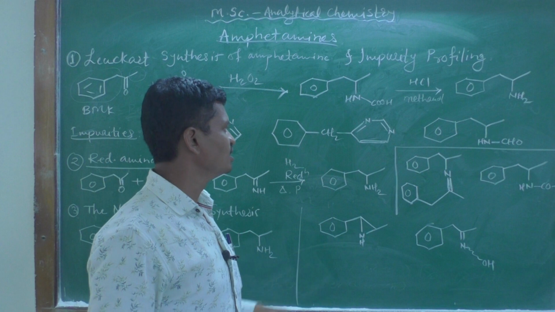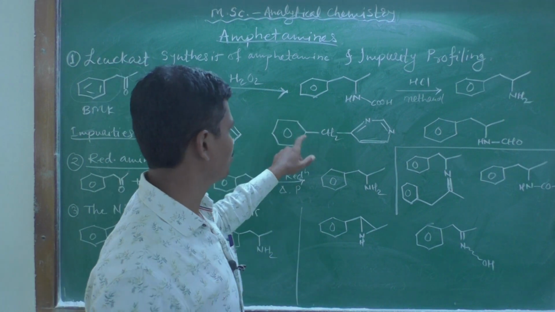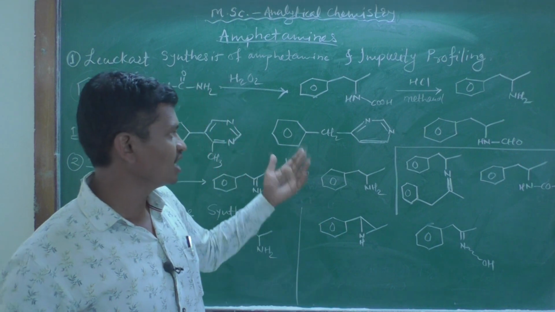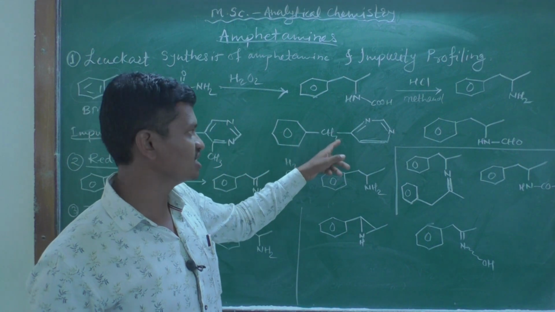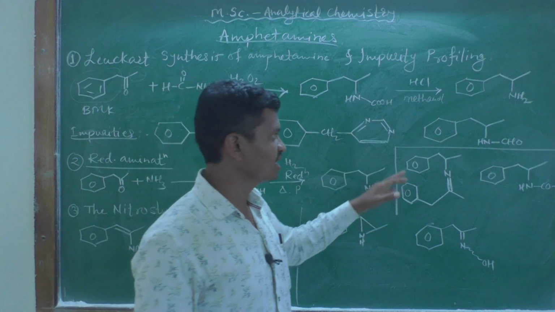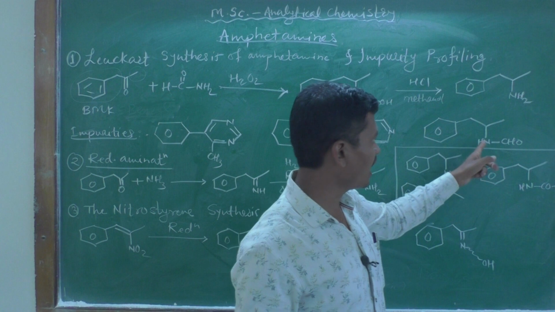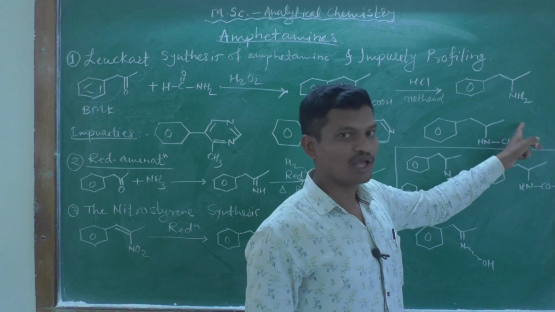Then this is benzyl pyrimidine. Another type of impurity produced in this case is benzyl pyrimidine. The next one is N-formyl amphetamine.